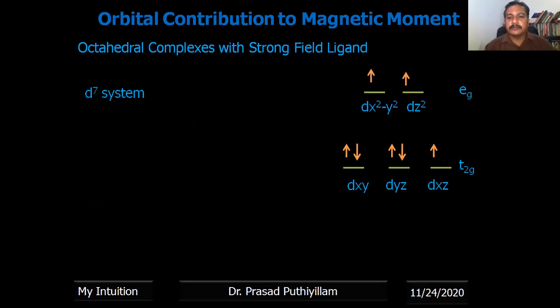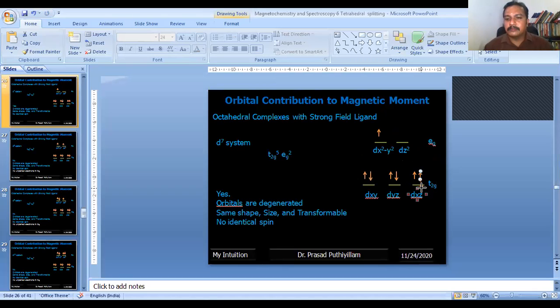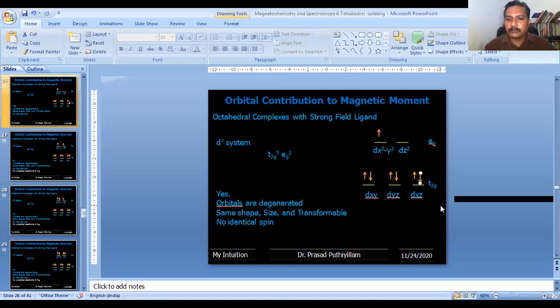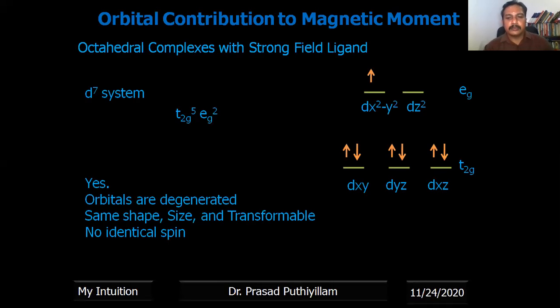Okay, d7 system. Okay, there is a mistake here. It should be pairing here, with the reverse spin. Now 6 and 7. So this is the case of the d7 system.